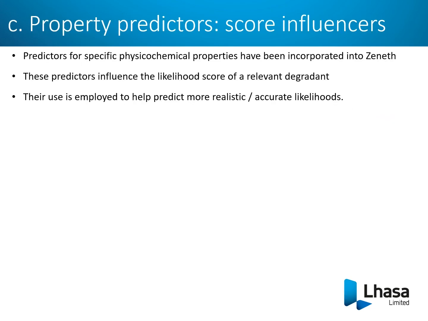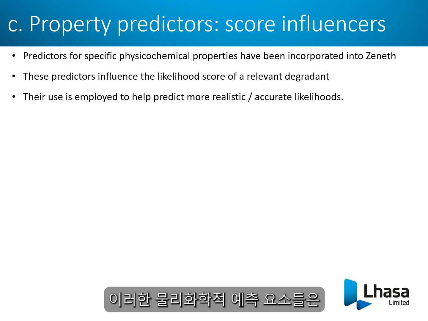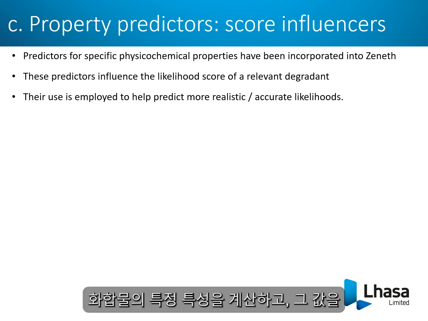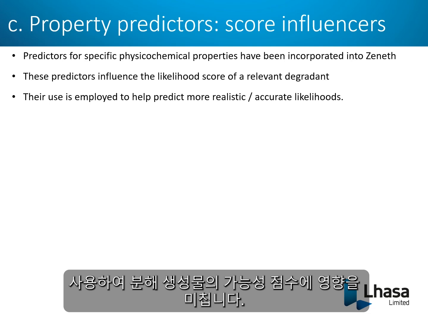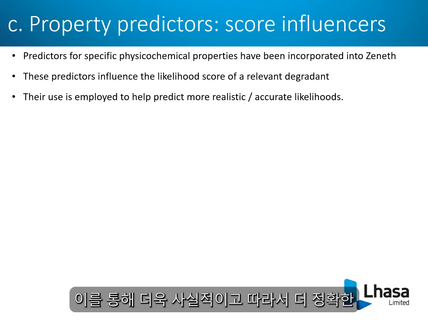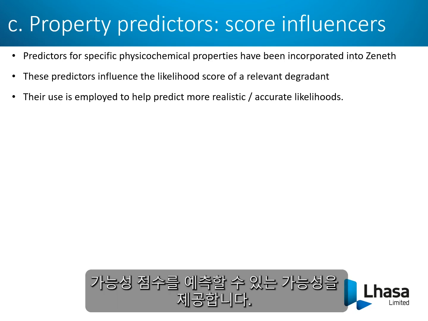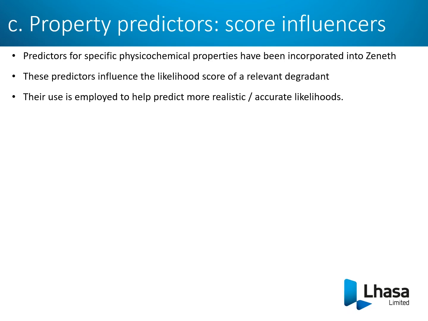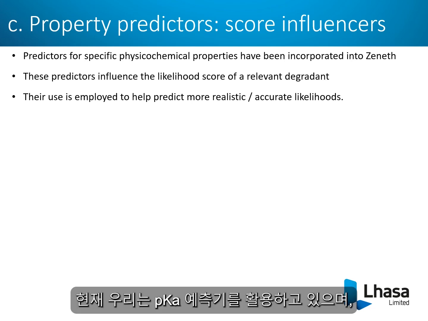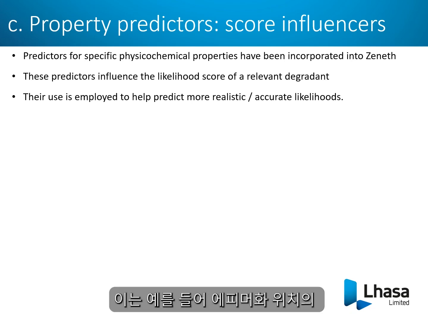These physicochemical predictors calculate a specific property of a compound and use that value to influence a degradant's likelihood score. This allows the potential to predict more realistic and therefore more accurate likelihood scores. We are currently harnessing a pKa predictor which can be used to influence, for example, the likelihood of epimerization sites.